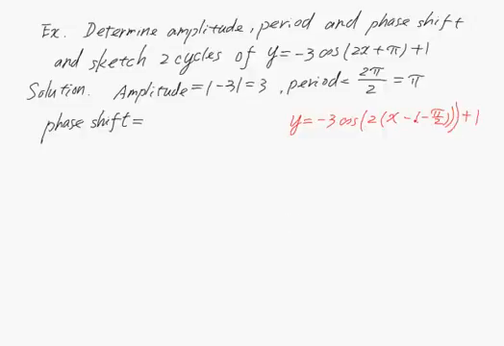You see, half pi times 2 gets a pi. So then just go back to this original expression. Try to factor out the coefficient of x and then rewrite the expression inside the parentheses as x minus something, right? So right now this is your phase shift. So that is equal to negative pi over 2.